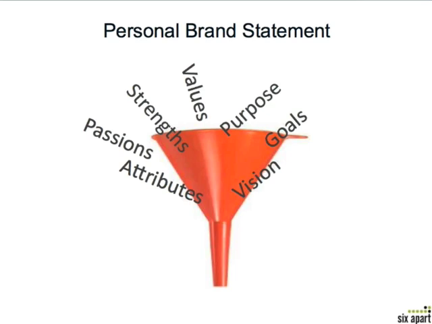So you use the most salient points, and when you're working on the exercises around passions and strengths and values and purposes and goals, what you really find is that there are themes that are emerging, and you want to come up with a one-sentence personal brand statement, and this statement will ultimately serve as the guide for your personal brand. It's going to help you to understand whether I'm on brand or off brand, right?